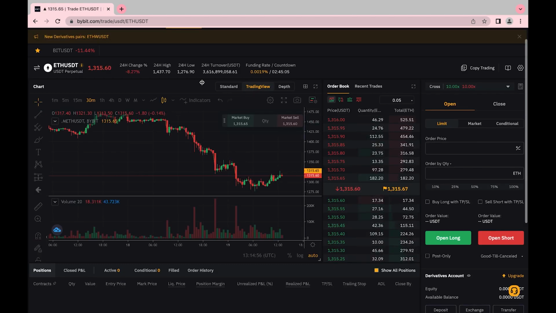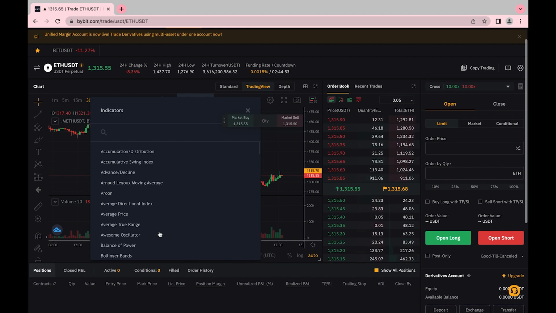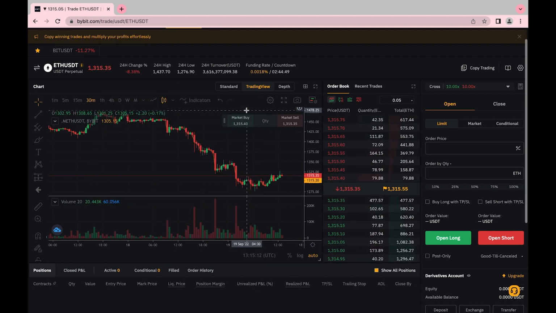Take a look. So here we have the overall view, and that traditionally goes with a candle chart. By the way, we have a nice set of indicators for our service here. That's really helpful.